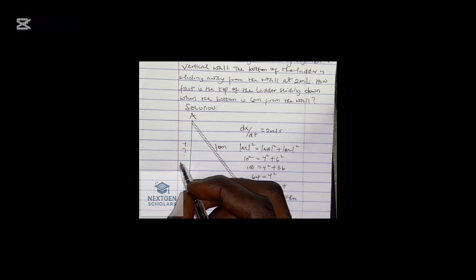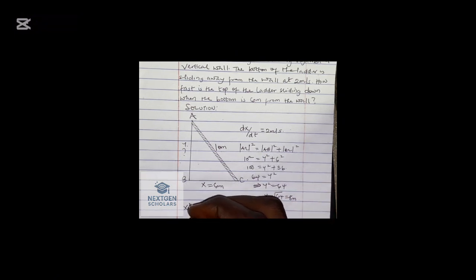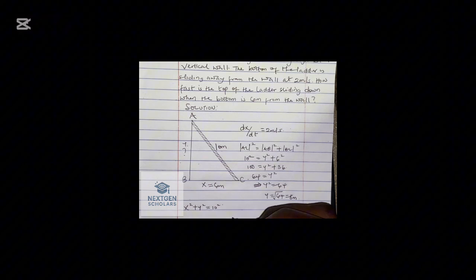If here is 8 meters, we know from the Pythagoras relation that x squared plus y squared will be equal to 10 squared.